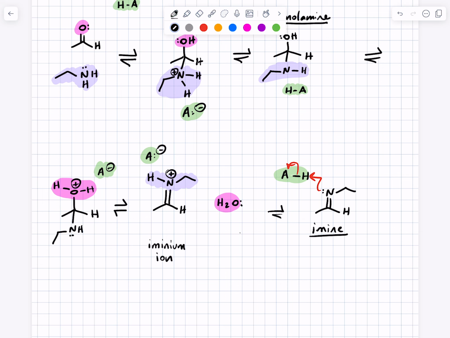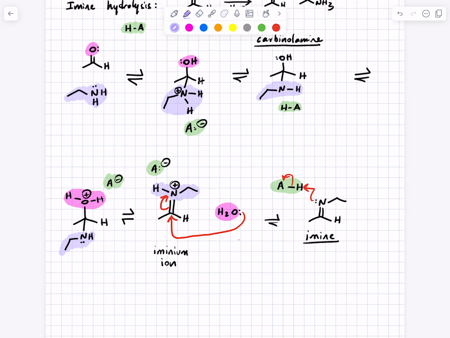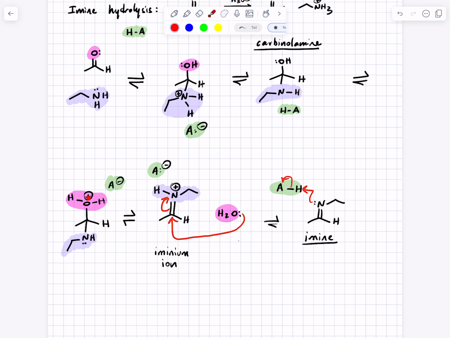Water's the attacking. Lone pairs on the water attack the carbon-nitrogen pi star, breaking the carbon-nitrogen pi bond. Follow along. That should give me this exact intermediate. Okay. Now, how do I get from here to the carbonylamine? Pay attention to what's changing, what's different.